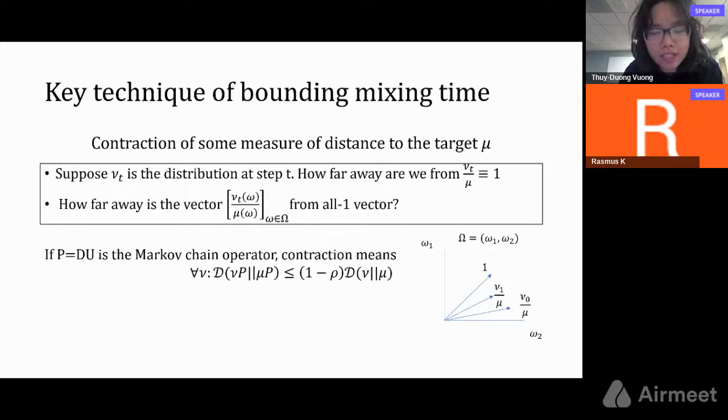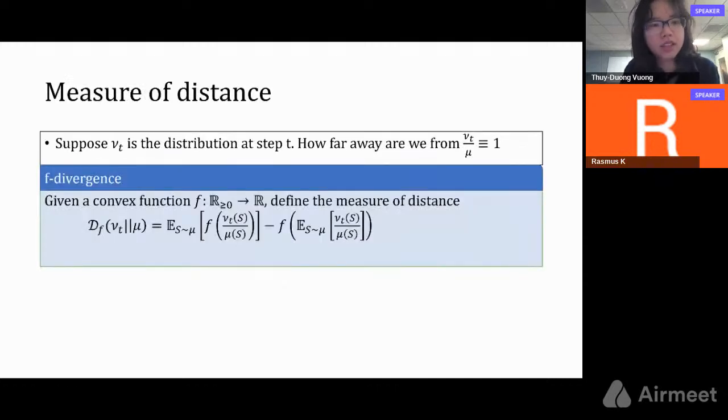Then if this holds, after applying P for maybe 1 over rho times, you will get very close: the distance between mu P raised to the t and mu is very small. So that's the intuition of why contraction in distance will make the vectors nu and mu at time step t be close together.